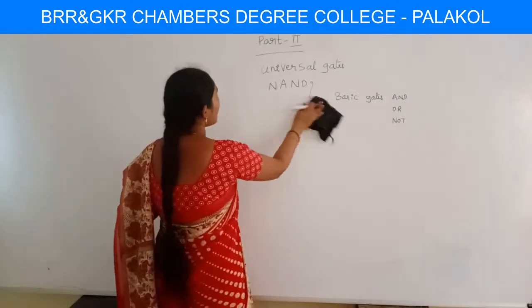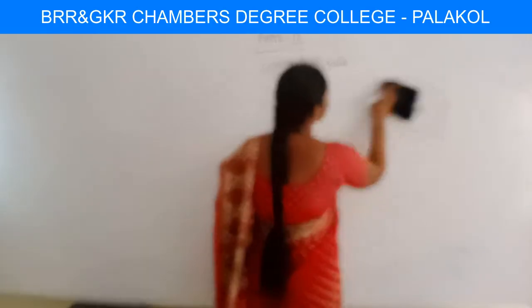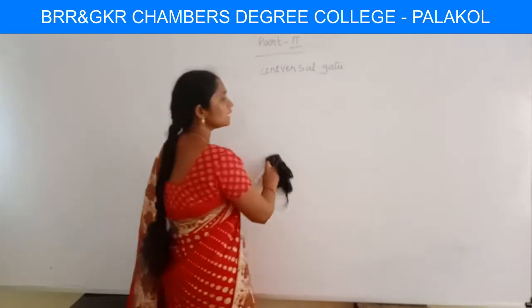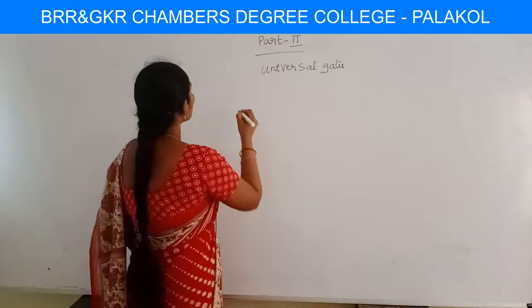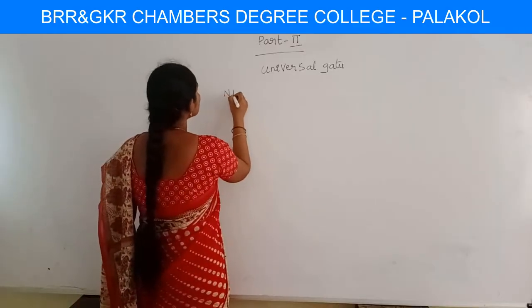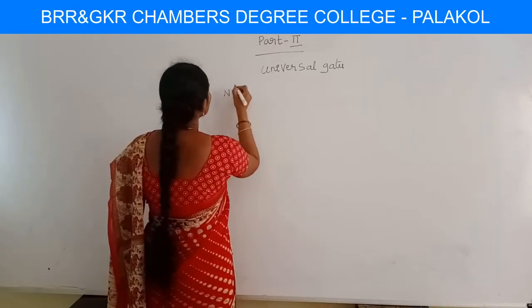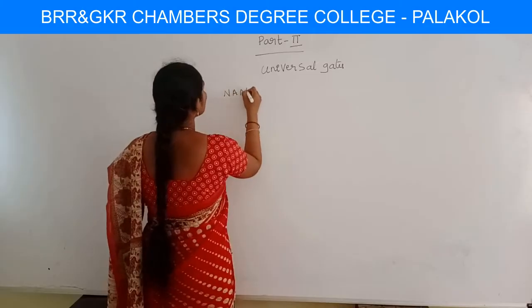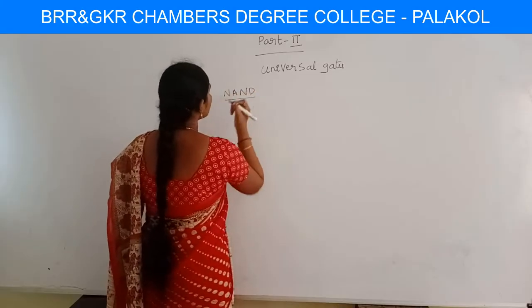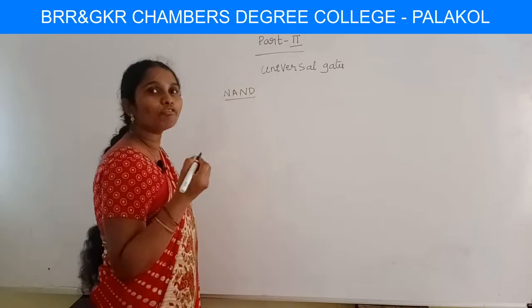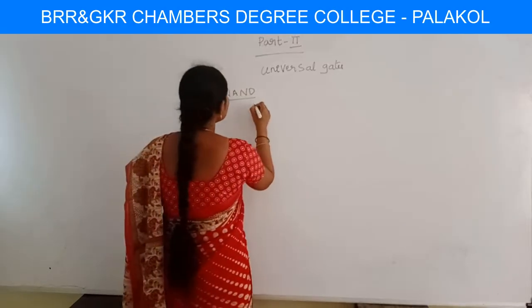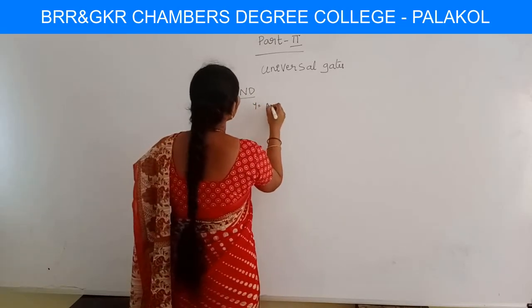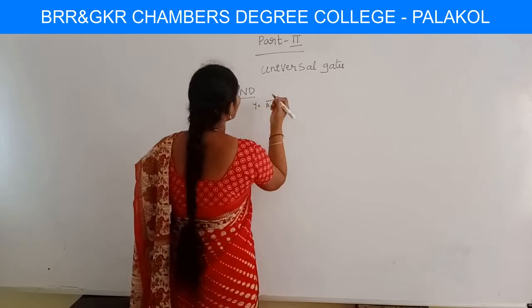The NAND operation and NOR operation were already discussed in the previous video. NAND is nothing but the complement of the AND gate, that is y is equal to (a dot b) whole bar.